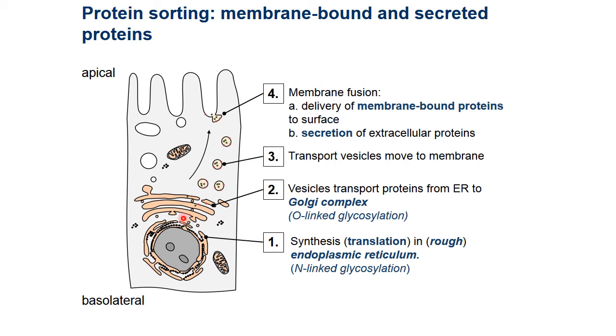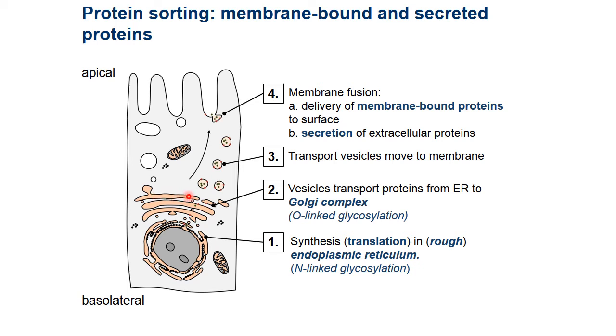So these proteins are transported via vesicles to the Golgi complex, and here in the Golgi complex further glycosylation takes place, and O-linked glycosylation occurs as well. So again, the inside of the Golgi complex contains the proteins that will be secreted, and the membrane proteins will be inserted in the membrane of the Golgi complex.